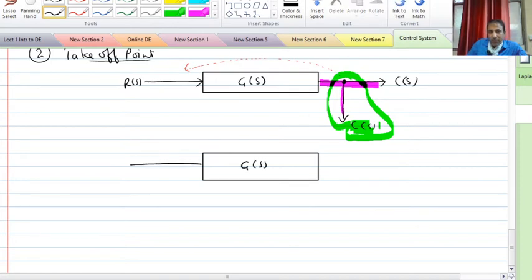because if the takeoff point is shifted here, at this position this will be equal to Rs. Okay, and we need Cs. Cs here is actually Gs multiply Rs.